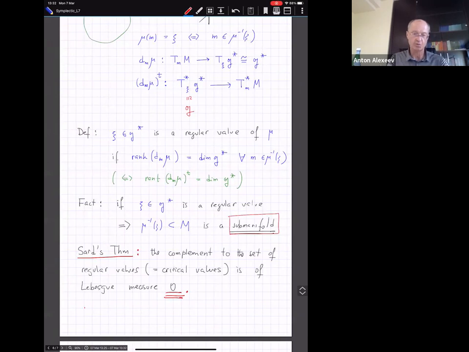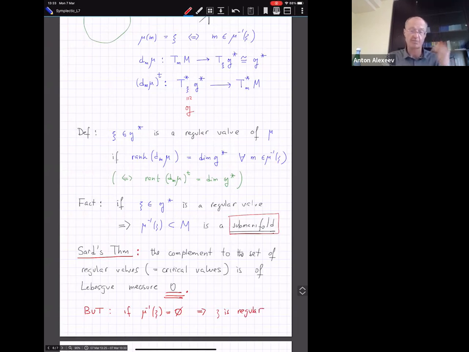Now there is one small subtle point here. If the preimage of a point is empty, then there is nothing to verify, and then it's considered a regular value.